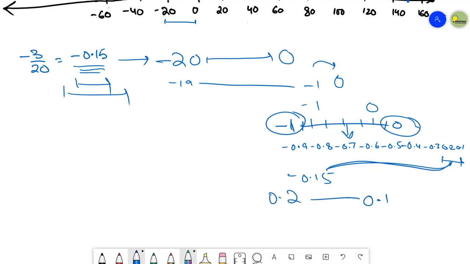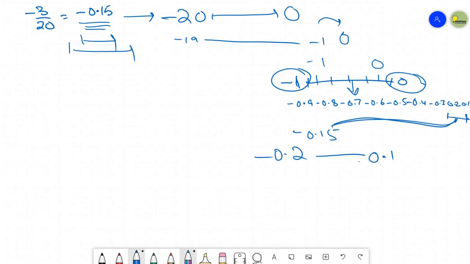How? Let's see this. Minus 0.2 and minus 0.1. The values in between these will start with minus 0.19. Why? Because it's not minus 0.2, it is minus 0.20, right? So after 20, we are going to have 19, then 18, then minus 0.17, then minus 0.16, minus 0.15, then 14, then 13, then 12, then 11, and then minus 0.1.